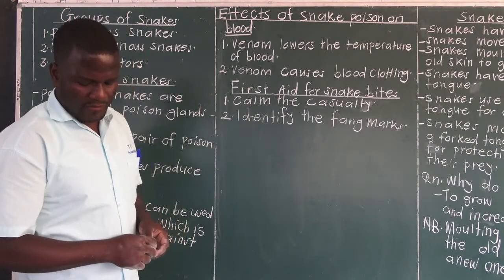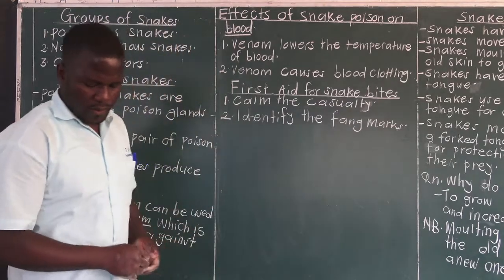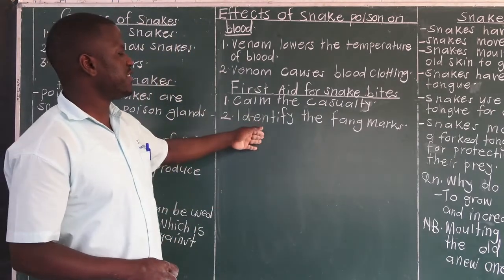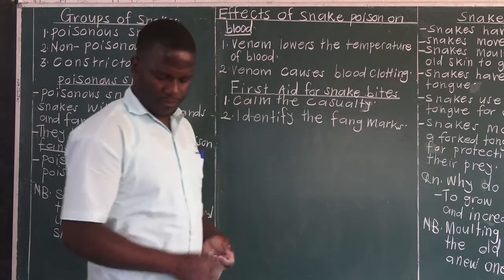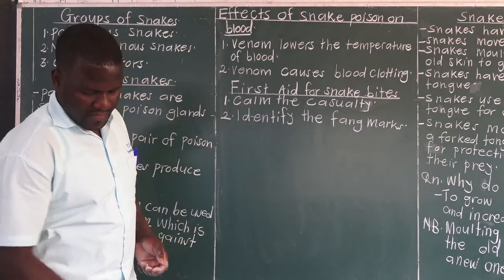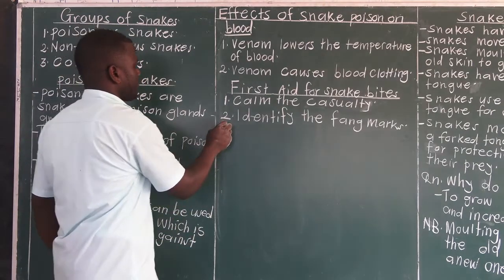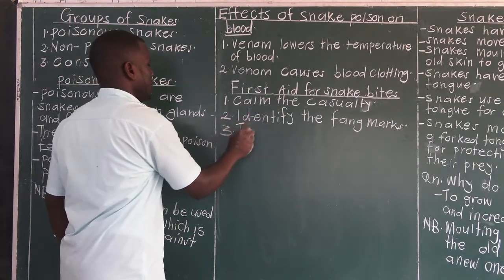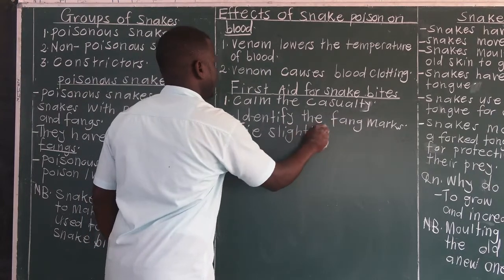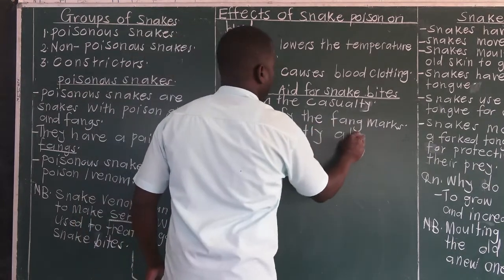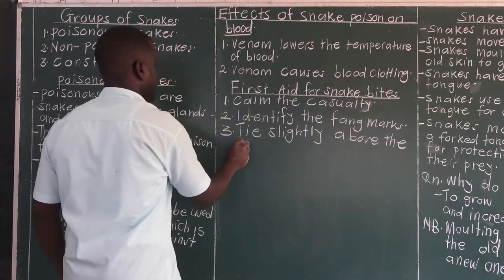Once you identify the fang marks, then you are able to help the victim, because you cannot start giving first aid when you don't know the exact place where the snake has bitten somebody. Then tie slightly above the bitten area.